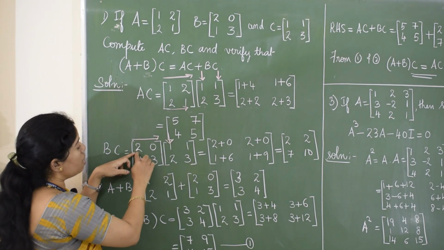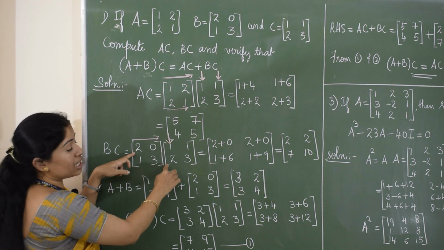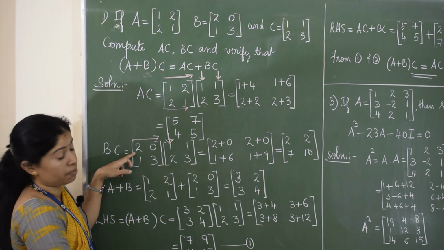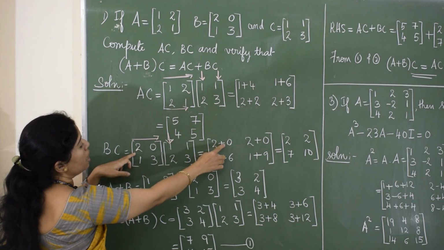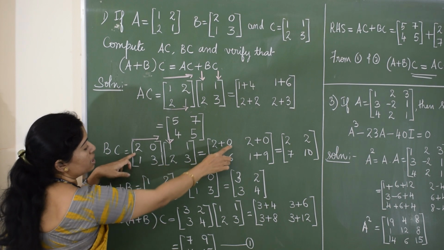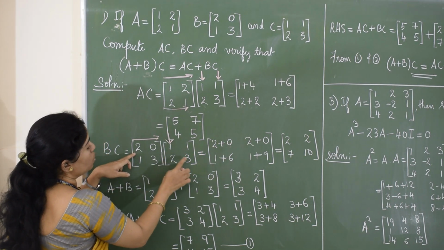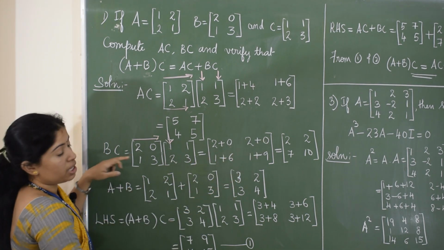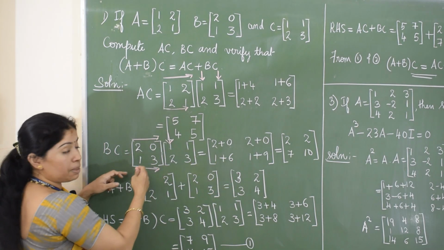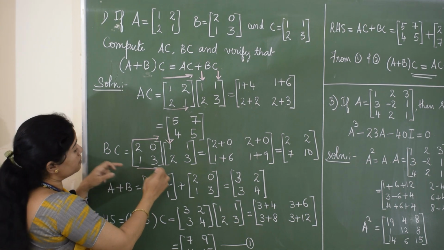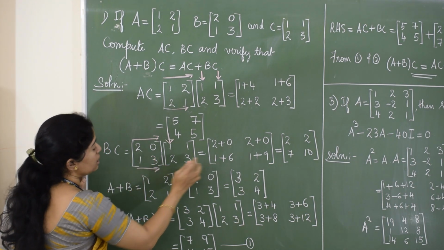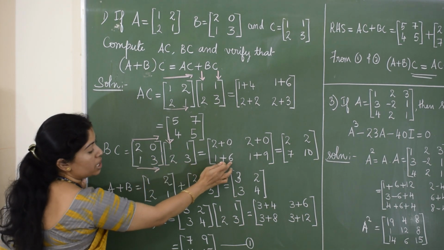So now here first row, multiply the corresponding elements of first column. So 2 into 1, 2 plus 0 into 2 is 0. Next 2 into 1 is 2 plus 0 into 3 is 0. Now take the second row, multiply with the first column. 1 into 1, 1 plus 3 into 2, 6.